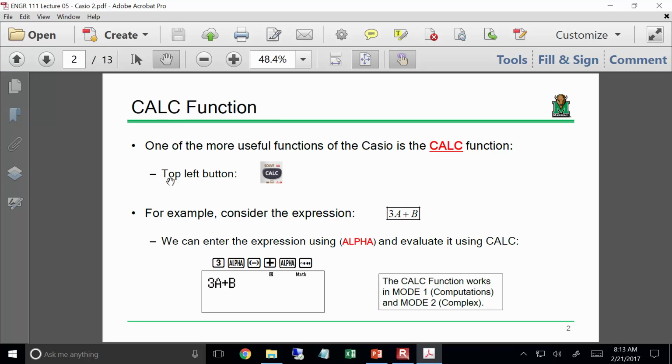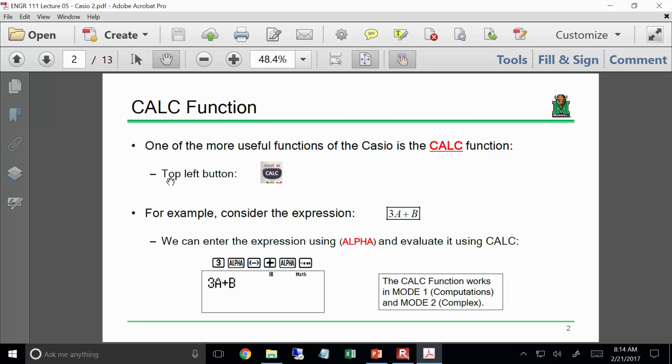Okay, so the best use of the calc function is if you have some value or quantity that you want to compute over and over again. Let's say I've got the quantity 3a plus b, and I want to compute it over and over again for different values of a and b. Using calc, I can type in 3a plus b, since that's what I want to compute.